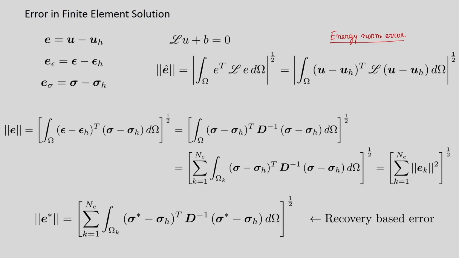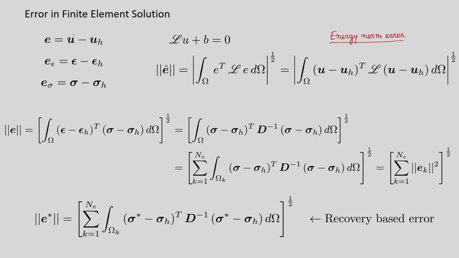So, once we have the finite element solution, now we have to somehow quantify the error in the solution, because as we said, the finite element method is an approximate method. So, we need to quantify the error, and based on that we have to also understand how to improve the solution. So, in that direction, let us talk about the error in the finite element solution.